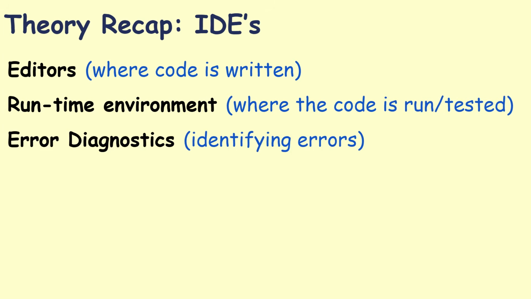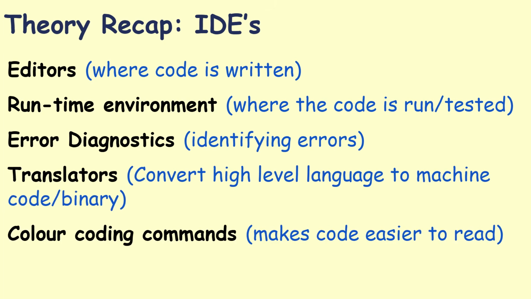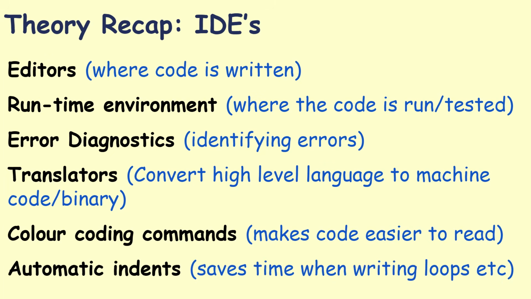Error diagnostics, where we're identifying errors and spotting them by using that tool. Translators, which we've just mentioned, we know convert high-level language to machine code. Color coding commands, which makes it easier to read and have a look at where the different parts of your code are and your code structure. Automatic indents save us time when writing loops.